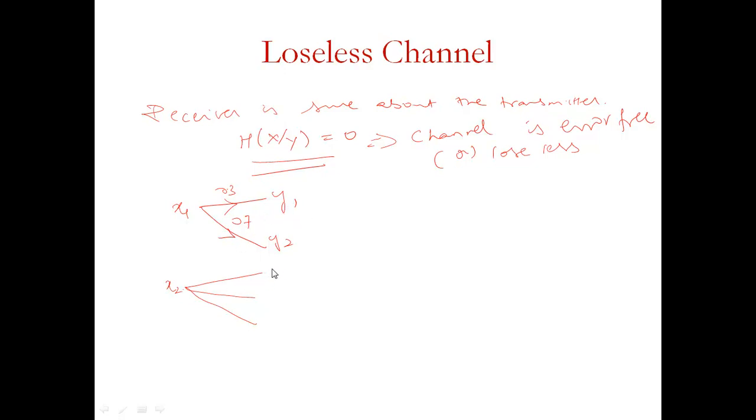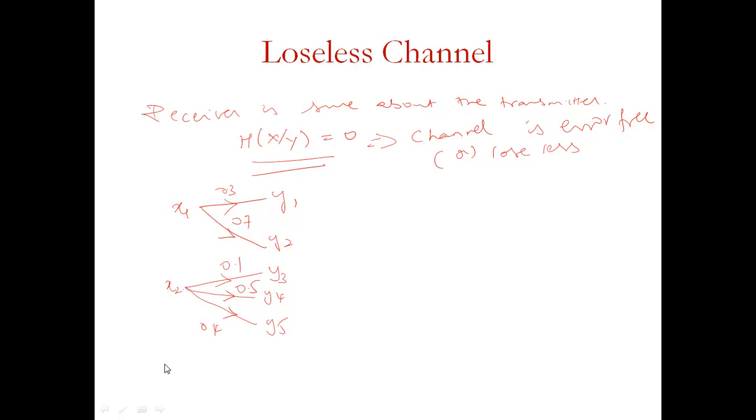That is what we said: the receiver is very sure about the transmitter. Here x2 is transmitting to y3, y4 or y5, whereas y3 knows it is receiving only from x2, but with a lower probability of 0.1, y4 receives only from x2 with a probability of 0.5, and y5 with a probability of 0.4.